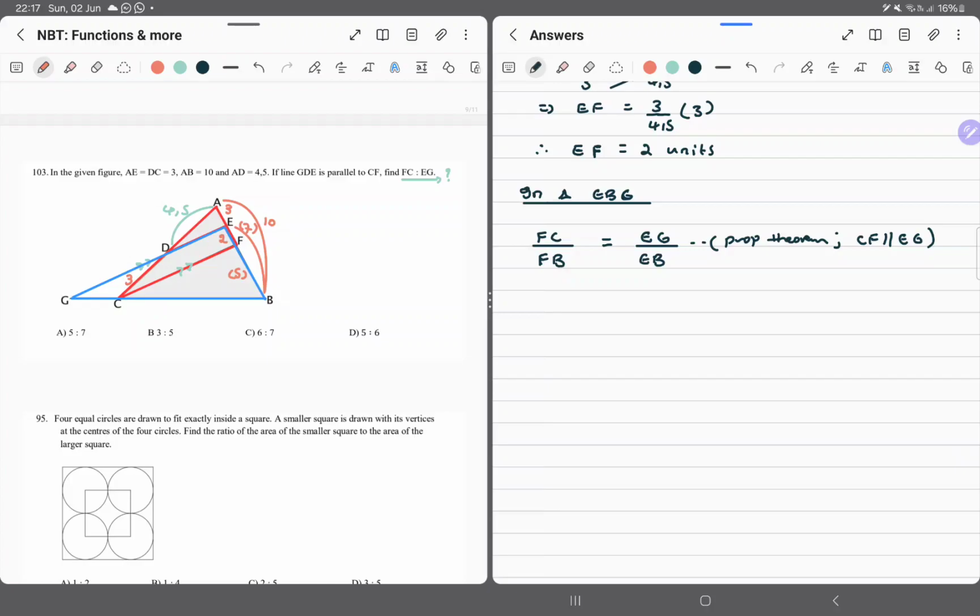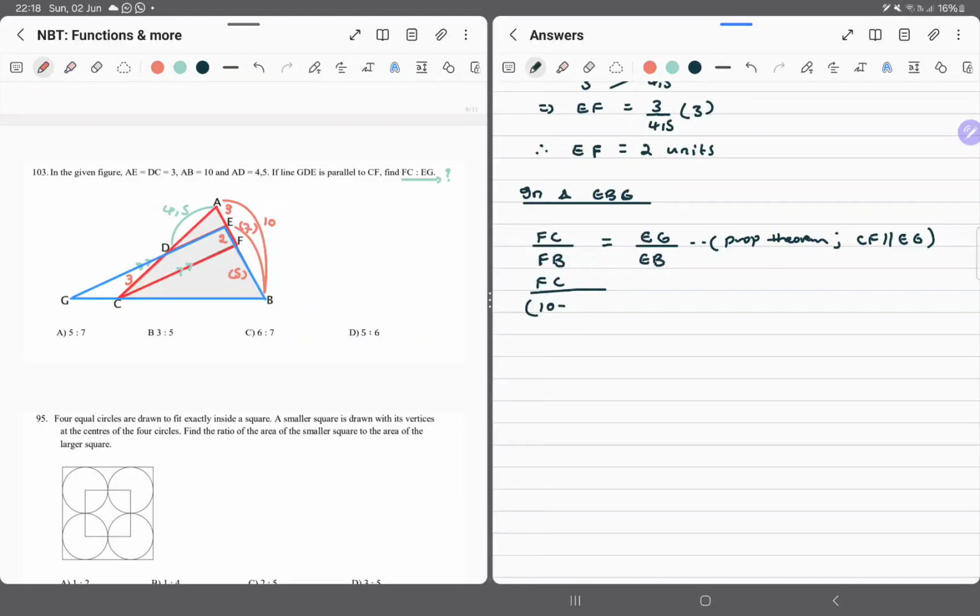Now, what do we have, guys? We've got FC, which is what we want, over FB. Now can you see FB is what we need to determine. So FB here is essentially 10, né? It's 10. The whole side was given to us as 10. So we need to perform some gymnastics here now.